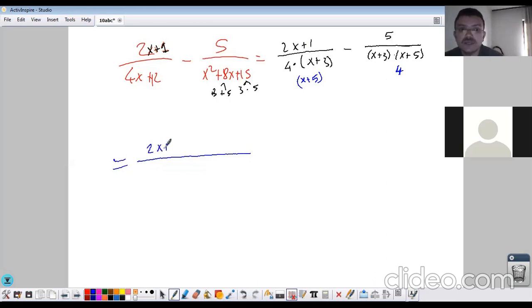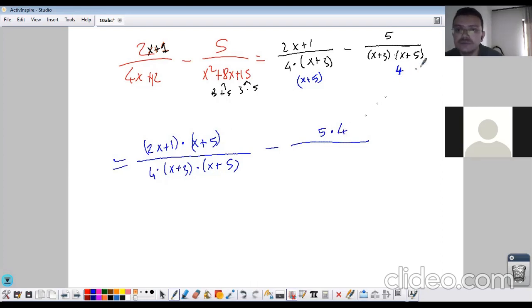So 2x plus 1 times, I need to multiply by x plus 5 in here. And the denominator, 4 times x plus 3, we already have it there, and times x plus 5. And minus 4 times 5 for the numerator, and the denominator 4 times all of this, can be written 4 times x plus 3 times x plus 5.